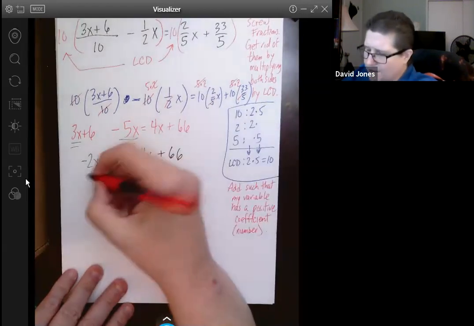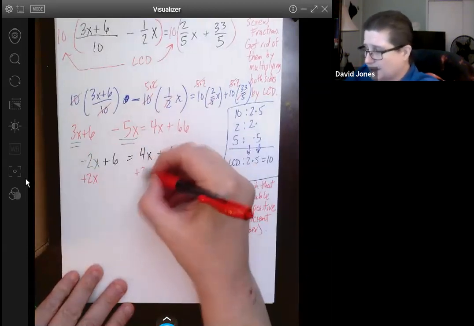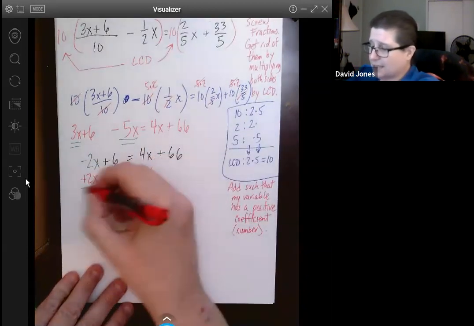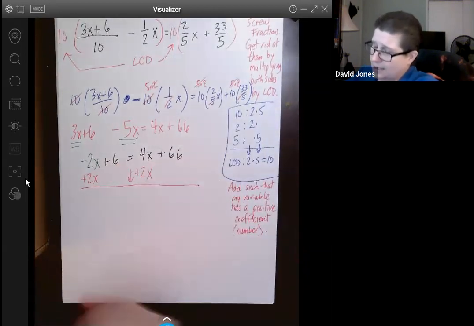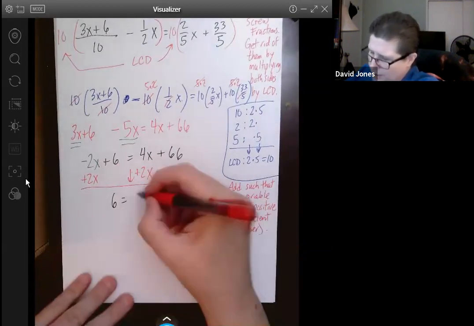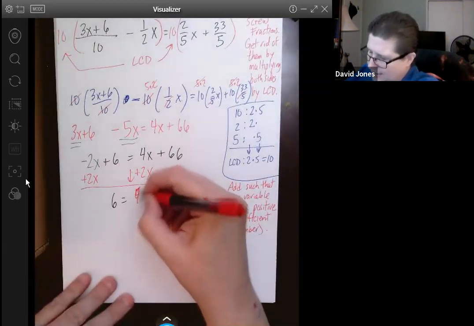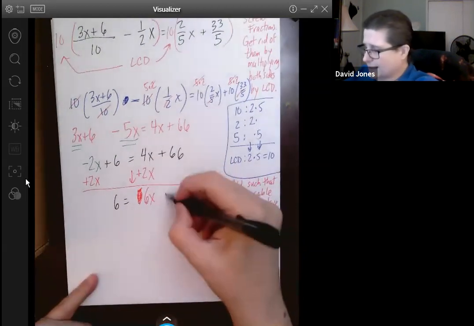So instead of doing that, I will move the negative 2x by adding its opposite, which is positive 2x. And I got 6 equals 4x plus 2x is 6x. And then I still got plus 66.